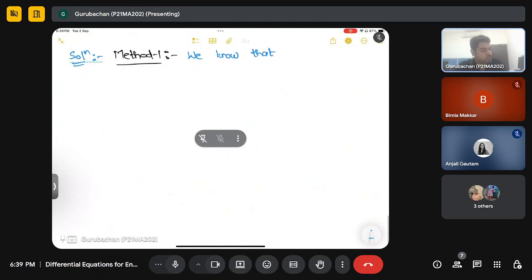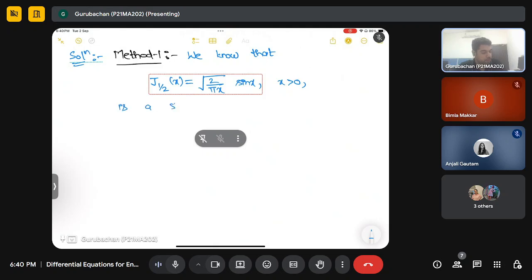we know that j half x, that is under root 2 divided by pi x sin x for x positive, is a solution of the Bessel differential equation for alpha equal to 1 by 2.